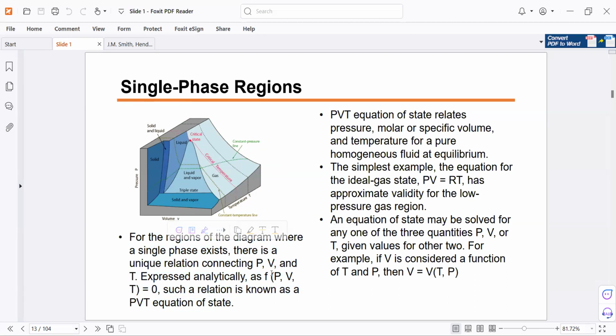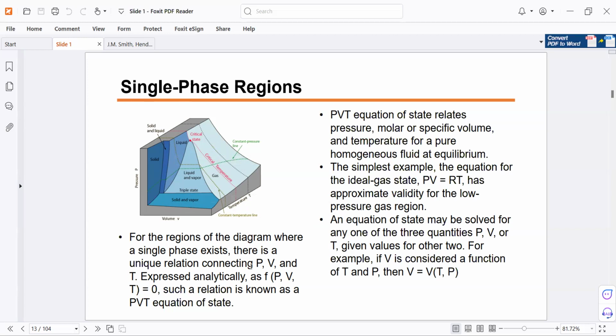So this graph here is a function of the pressure, volume, and temperature. In a single phase, there's a unique relation connecting the pressure, volume, and temperature, and we call that relation the equation of state.